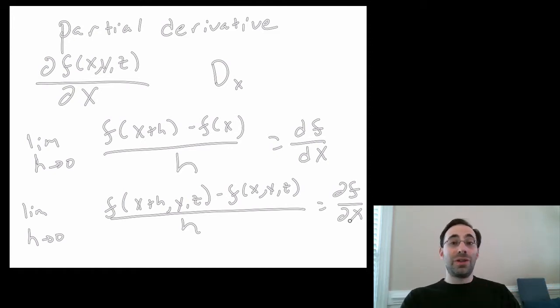Before in one dimension, there were no other variables, so effectively you were keeping them constant. They just weren't there. For a partial derivative, you keep all the other variables constant and take the derivative with respect only to the variable in question, to the variable you're taking the derivative with respect to. That's it. That's all there is to this. That's the whole definition of the partial derivative.